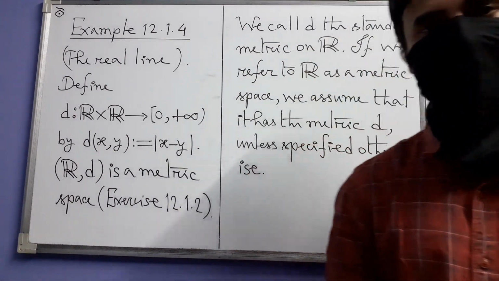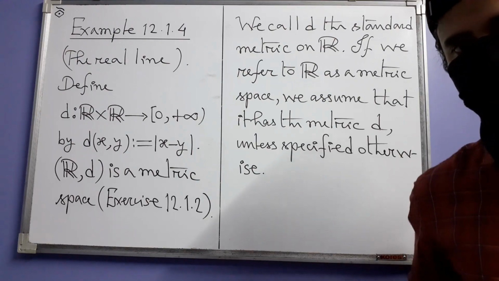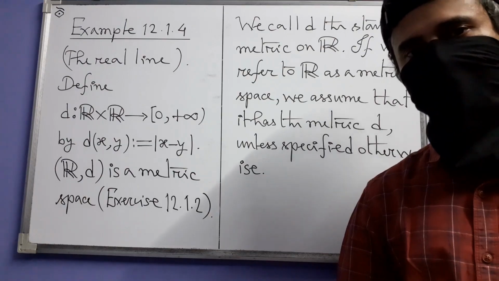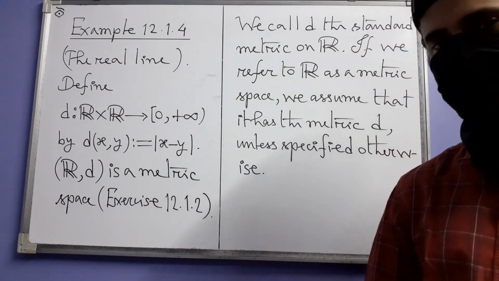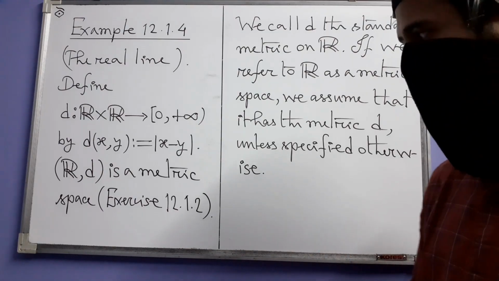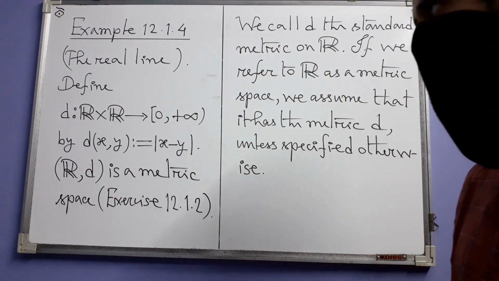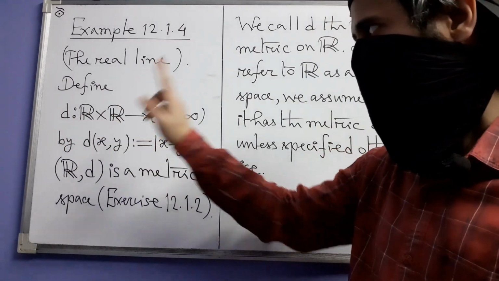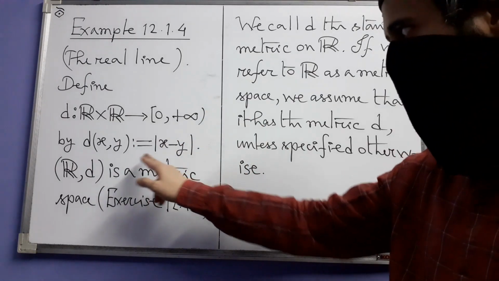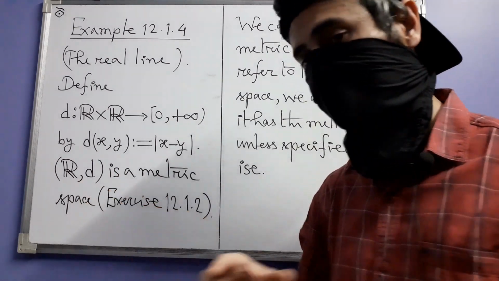Next we come to the first example, which is not surprising considering the source of our definition. The set of real numbers forms a metric space with that distance function, which is given by the absolute value of the difference between 2 real numbers. So formally if we define it, it looks like this. d is the function from R times R to the set of all non-negative real numbers, and the definition is the same.